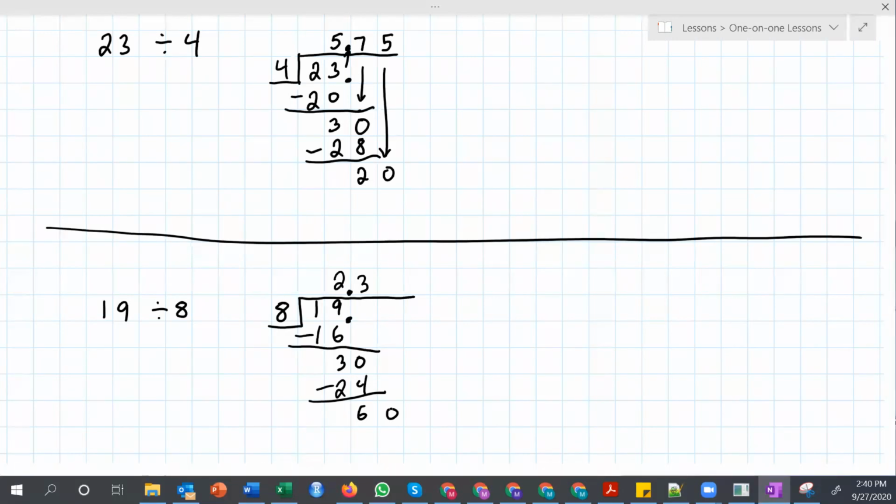How many times does 8 go into 60? Did you get 2.3? No, I got 3.3. Okay, so 8 goes into 19 2 times.